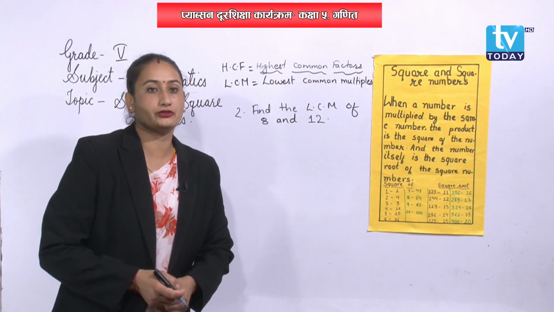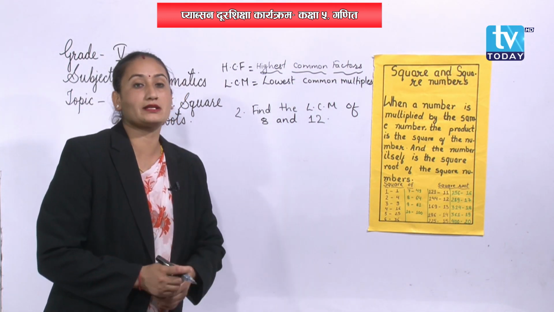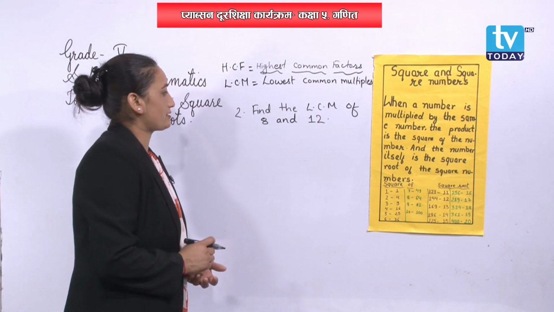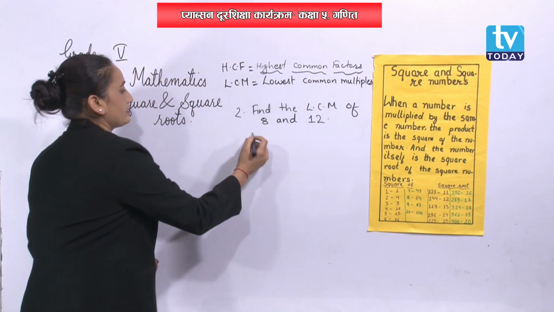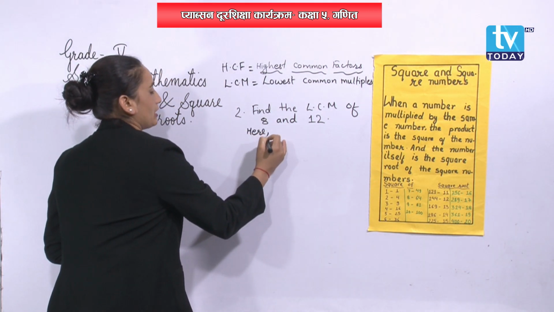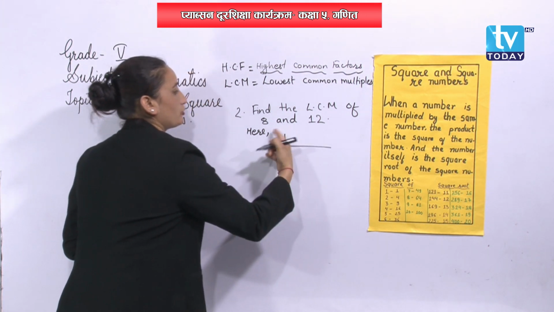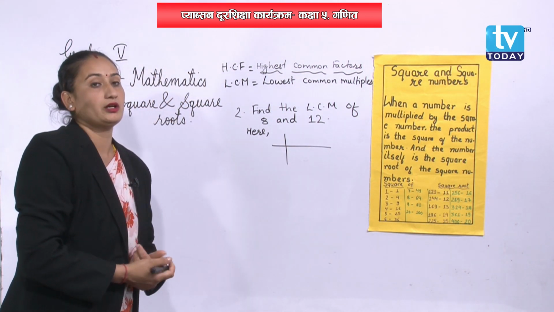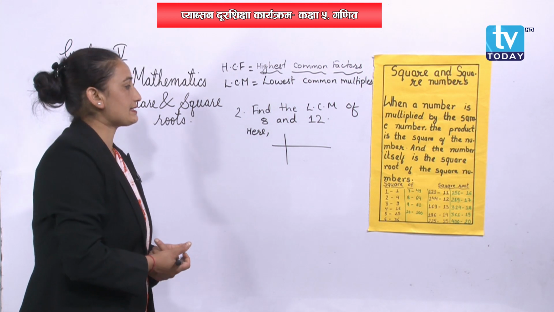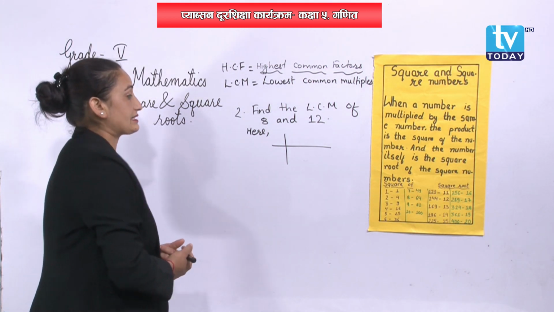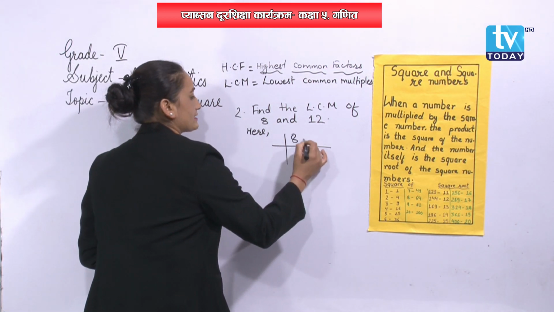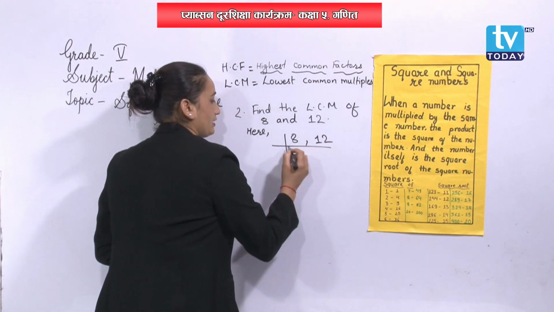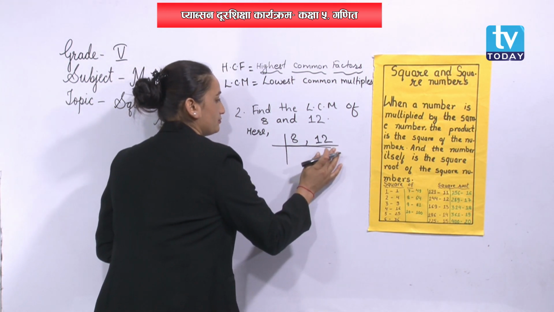We are going to solve this problem once again through the division method. So let's write the division method of 8 and 12. They will be put in the same place, okay? We are going to find out the LCM, lowest common multiple. That's why we are going to put both digits in the same place, in the same division form.